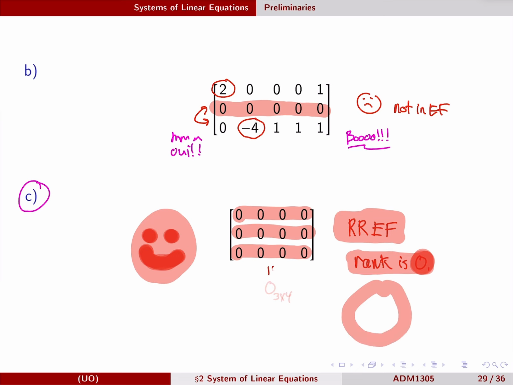So, for example, if I use a notation from the previous chapter, this is a 0, 3 by 4. This matrix is in row reduced echelon form, and the rank is 0. And the only matrices of rank 0 are the 0 matrices, because if not, you have a leading coefficient. Either you're not in echelon form or your rank is at least 1.